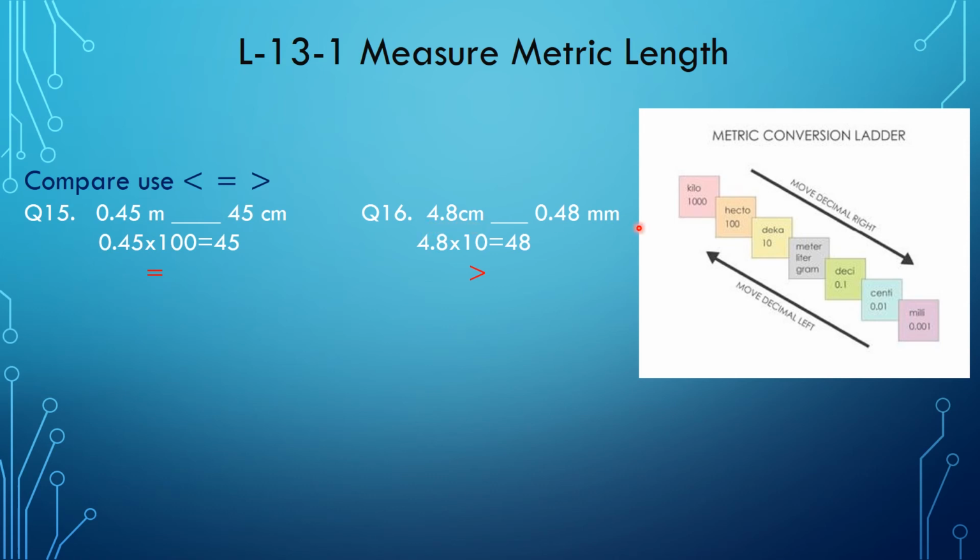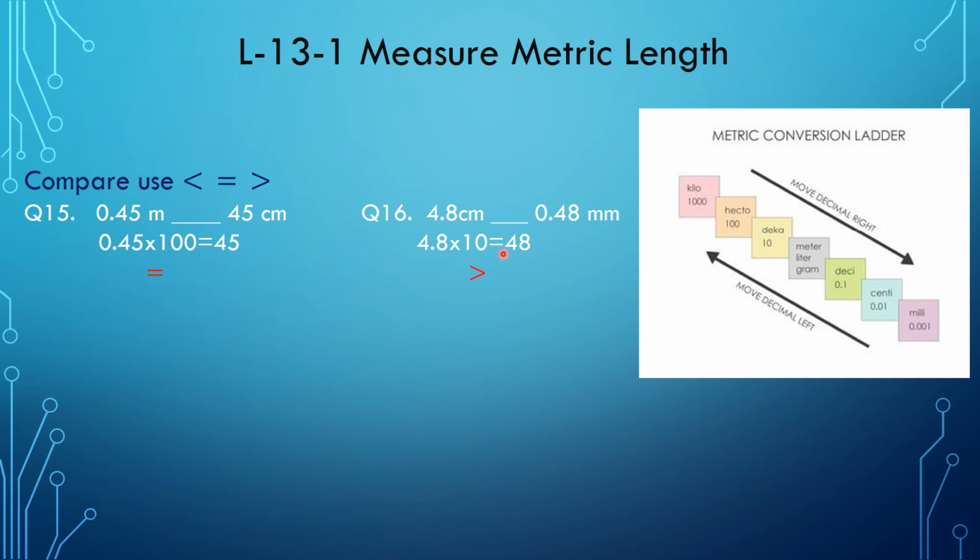In this one also you can see 4.8 centimeter into the millimeter. Then you can see centimeter to millimeter. Means move down only one step. Then shift the decimal point to the right. Then what is the answer?